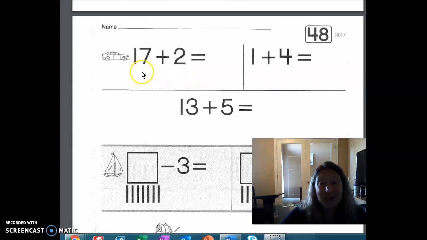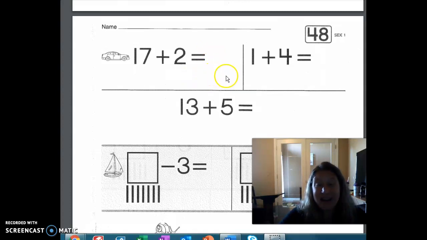And now you're going to get the first number going and count the lines, okay? So what number are we going to get going? 17. Get the 17 going and count the lines. Ready? Go. 17, 18, 19. Our answer is 19. So we can write 19 here.